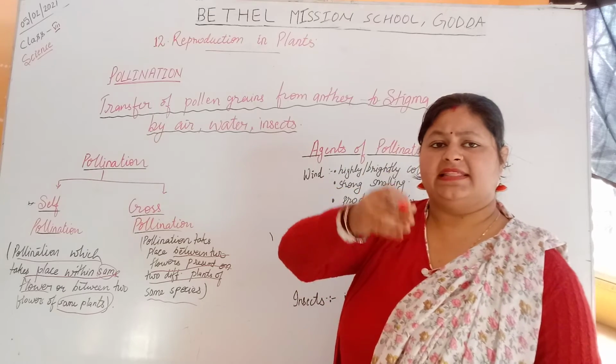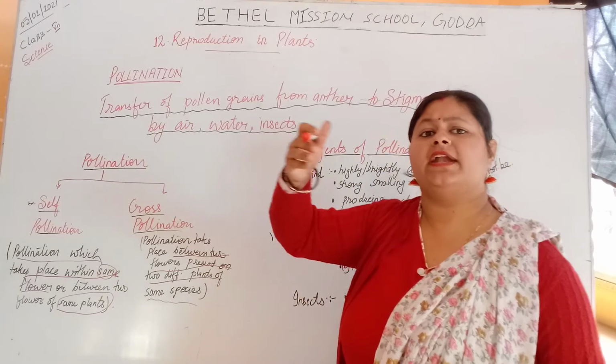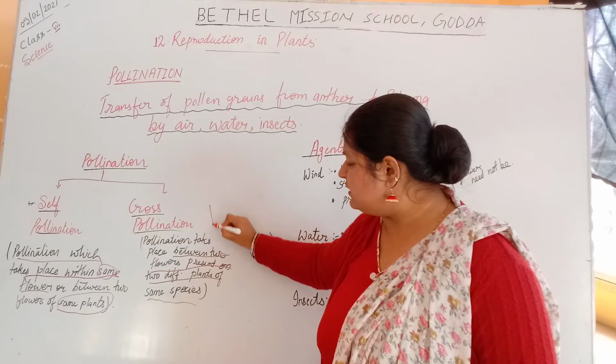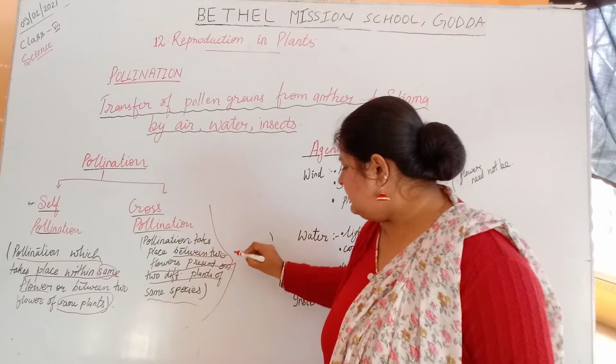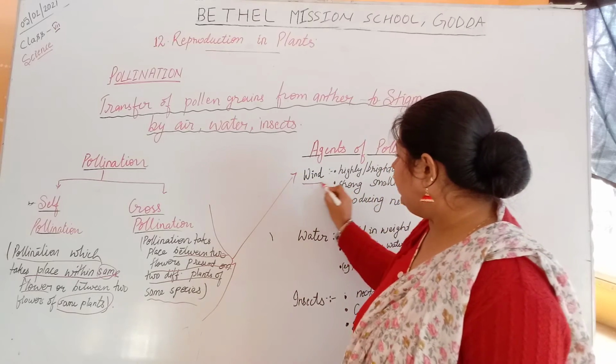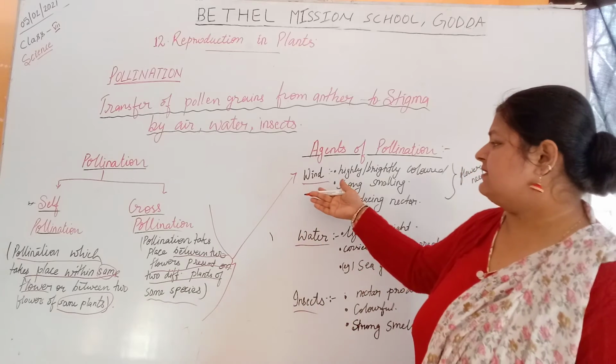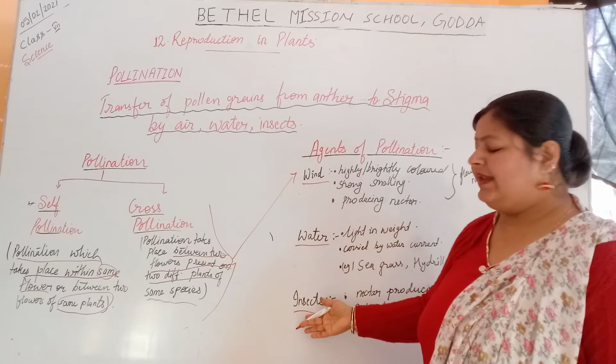A plant's anther or flower cannot walk and go to a different flower, right? So cross-pollination requires some agents. These agents are wind, water and insects.